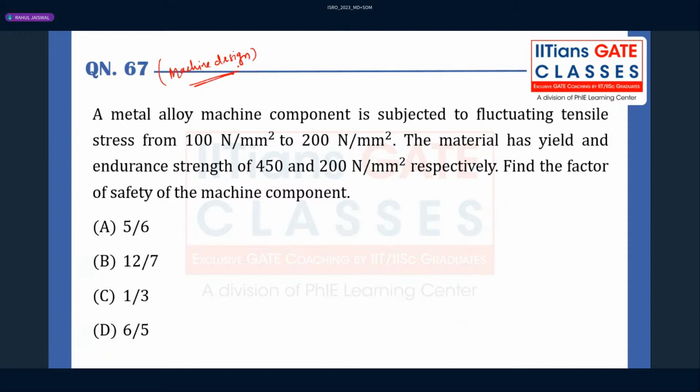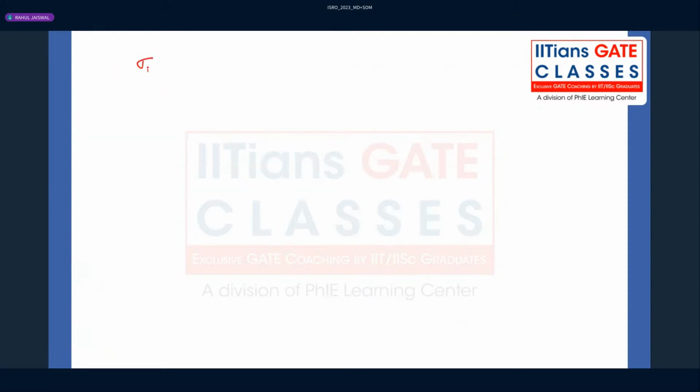Based on the data, the component is being subjected to fluctuating load, from sigma minimum, that is minimum stress of 100 megapascal, to maximum stress of 200 megapascal. What is the other data? The material has a yield strength of 450 megapascal, and the material has an endurance strength of 200 megapascal.